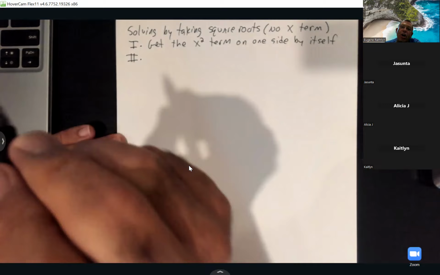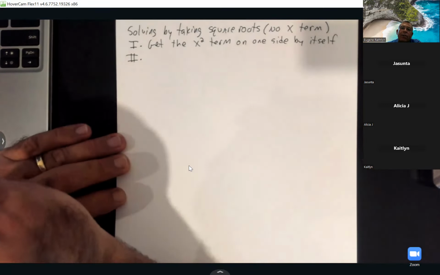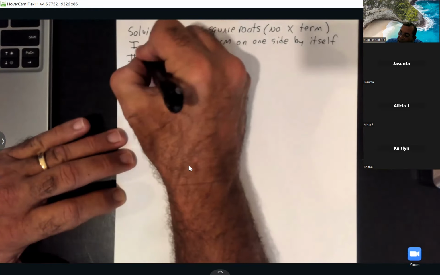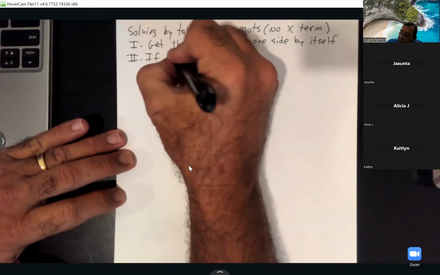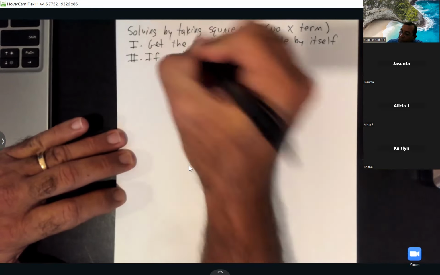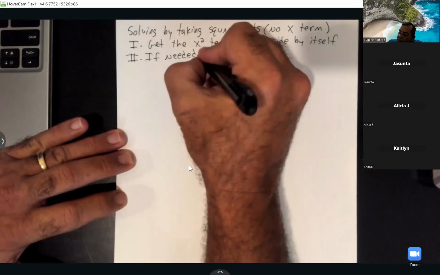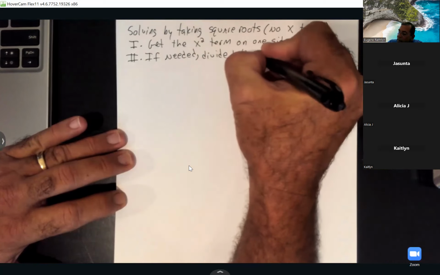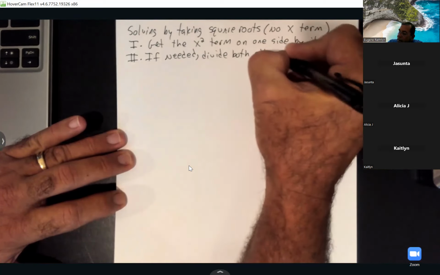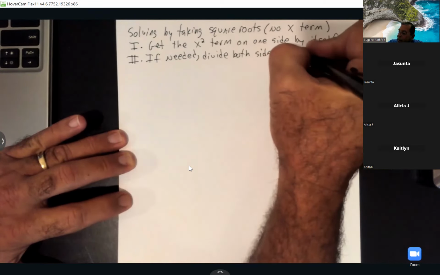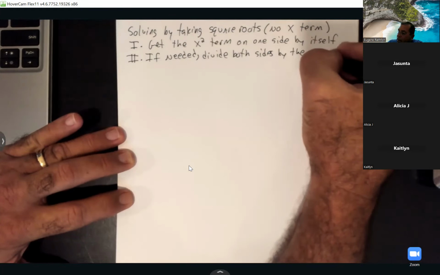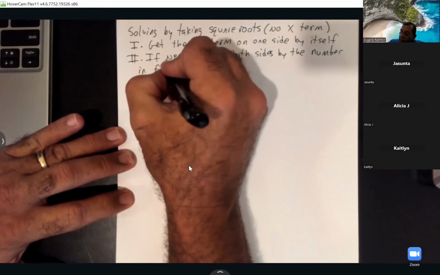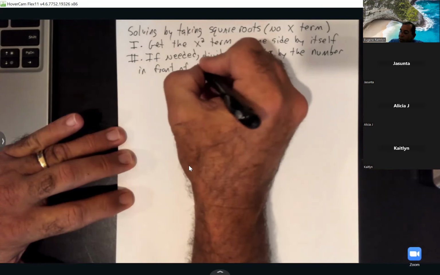Now, if you got a number in front of that x squared, like say 2x squared or 3x squared, if needed, we want to divide both sides by the number in front of the x squared term.